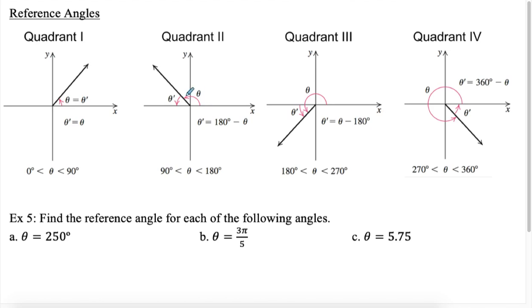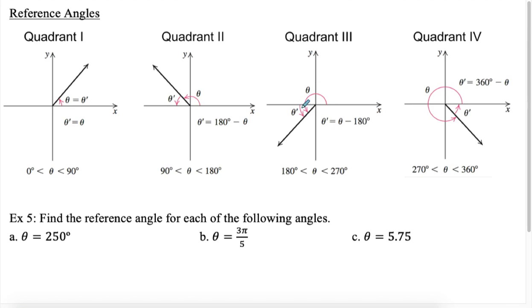If we're in quadrant 2, if this is my whole theta, then the reference angle is the angle that makes with the x-axis over here. To find that, we would just take 180 minus our original angle. That'll get me the reference angle.